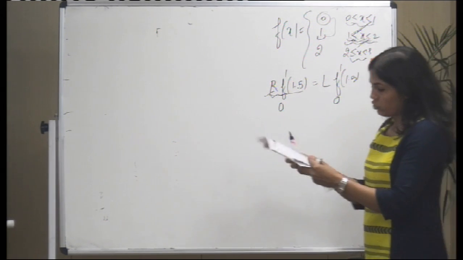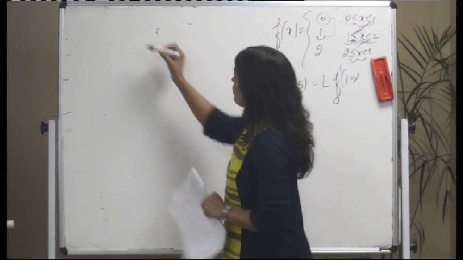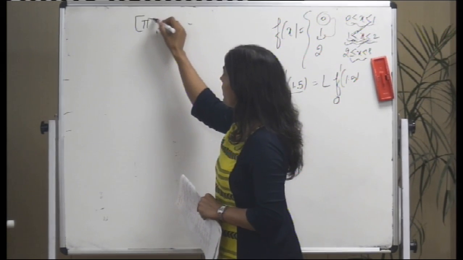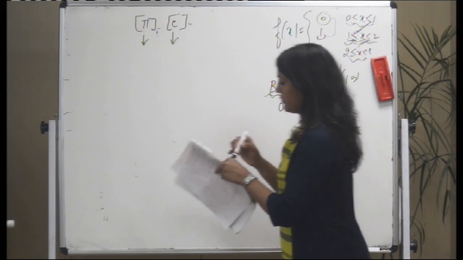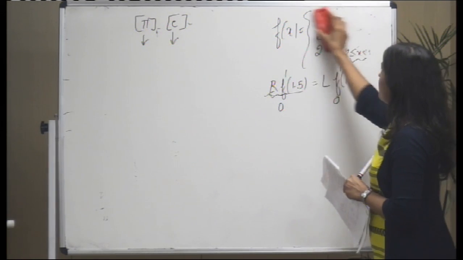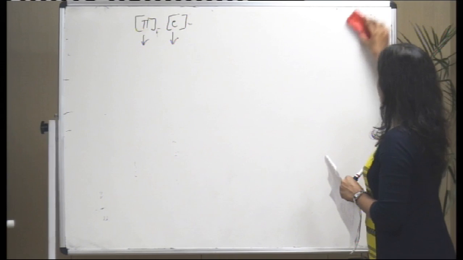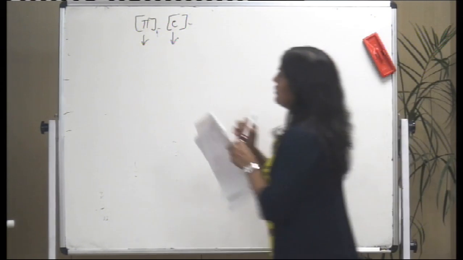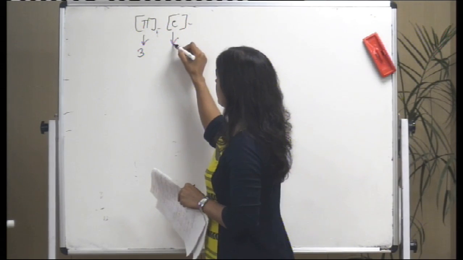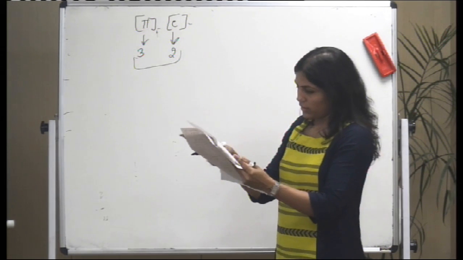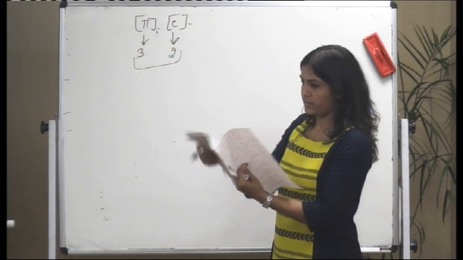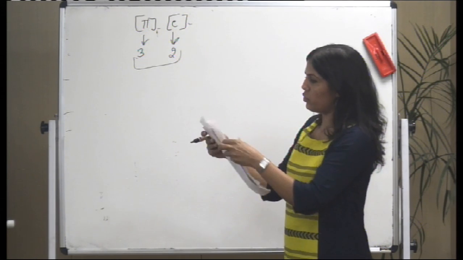Okay, now tell me, the greatest integer value of pi is 3, this is 2. You know this function. Now I am taking a question, split it.